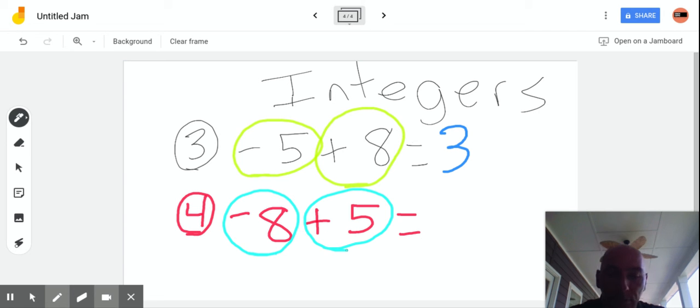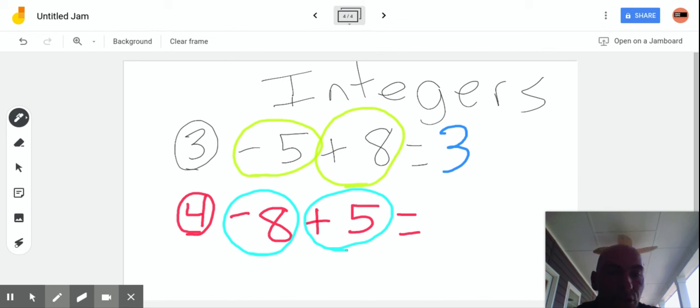Okay, this part of the rule is same signs add, different signs subtract. But it also is same signs add and keep, means same signs add and keep the signs of what you're adding.